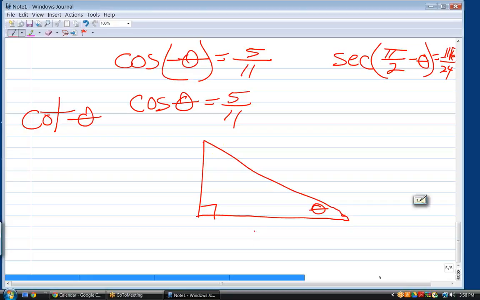Yeah. So adjacent would be 5, and then hypotenuse would be 11. And the opposite? 6. Oh, no, that's... First of all, you're solving a right triangle. Always remember your answer starts out square root of. Yeah, square root of 96.